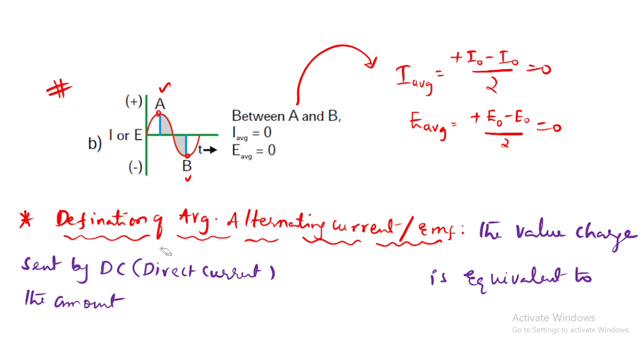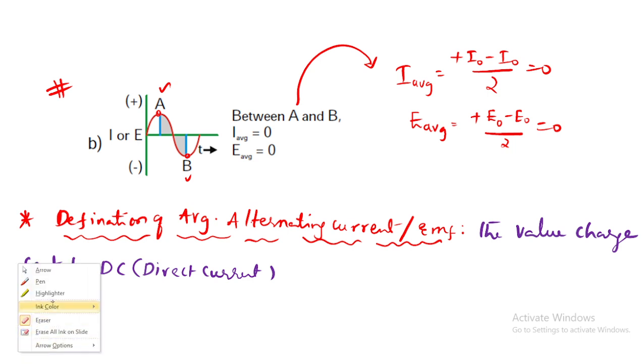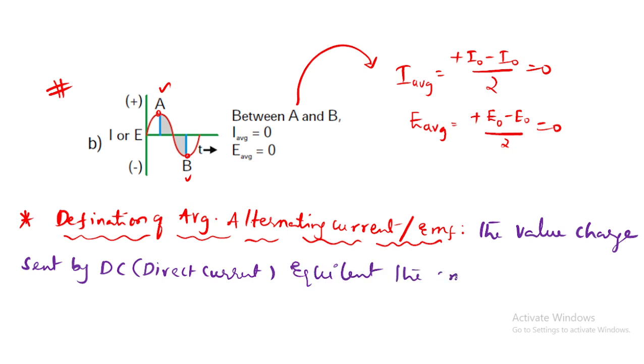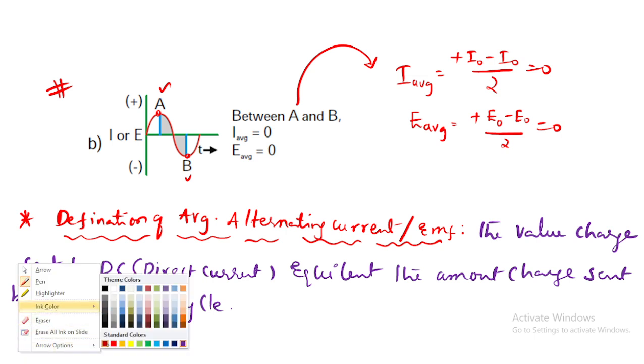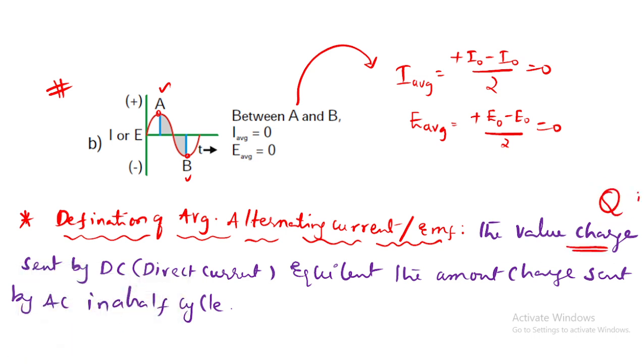The value of charge Q sent by DC is equivalent to the amount of charge sent by AC in a half cycle.